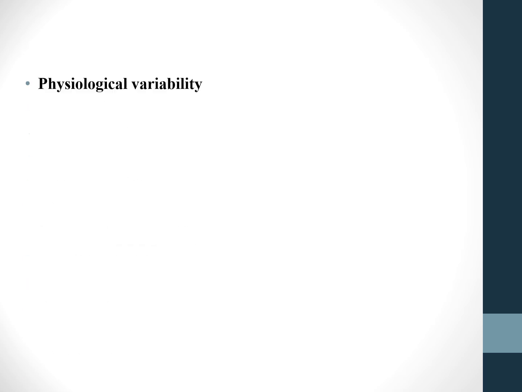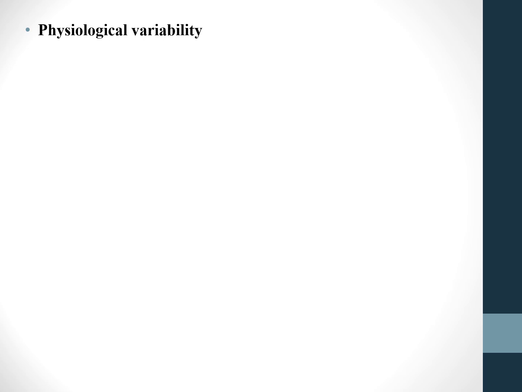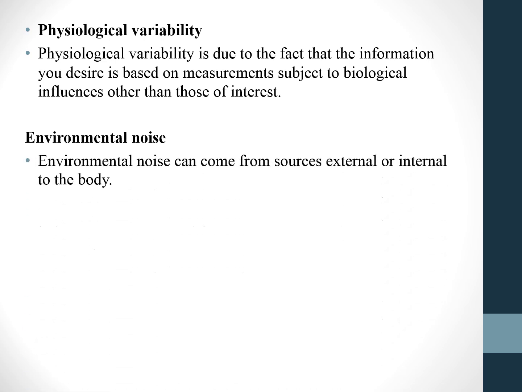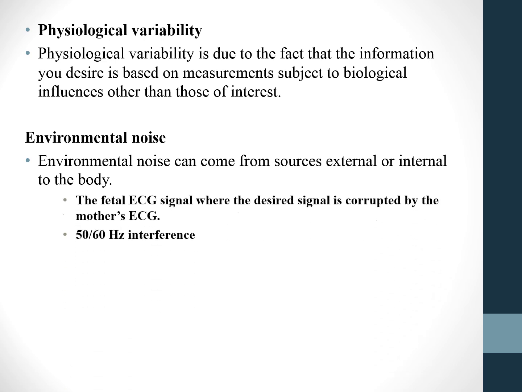Now the third one is physiological variability. Physiological variability is due to the fact that the information you desire is based on measurements subject to biological influences other than those of interest. For example, ECG and heart rate change in accordance with body temperature. So one of the biomedical parameters that we are trying to analyze is affected by another biological factor.